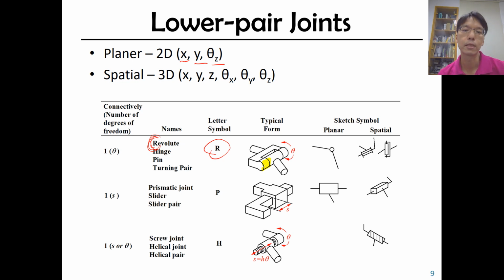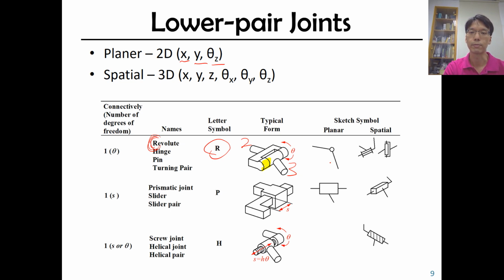A revolute joint constrains two links to only one type of motion, which is rotational motion. For example, if I call these link 2 and link 3, they can only do a relative rotational motion, which is theta.